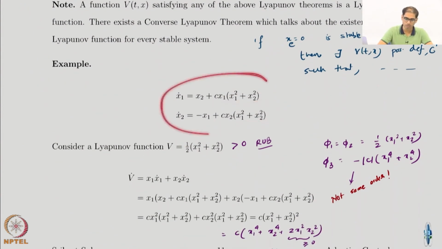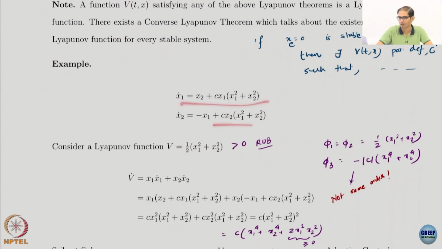Again, the authors who came up with this example are also doing nifty things like I am. They are just playing around with terms so that they can get good results. I do not think this is any real system, but it is not so uncommon is what I am trying to tell you. So if I take this Lyapunov function, very straightforward, this is what I took for the harmonic oscillator also, and you know that this is radially unbounded and all that.